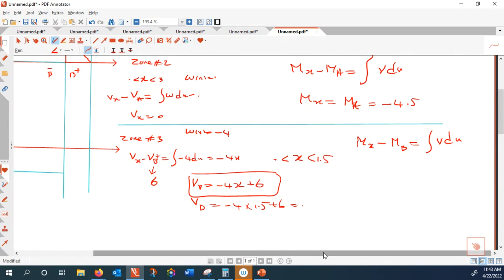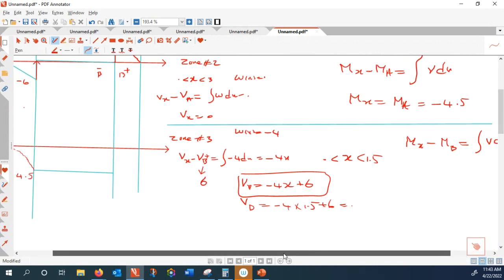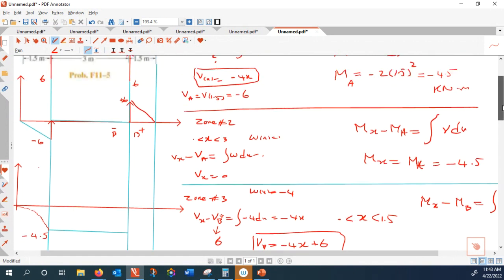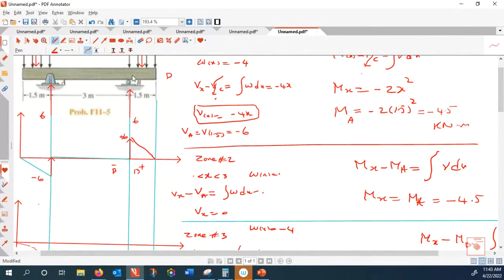So what is M of B? Because there is no discontinuity here, B minus and B plus have the same magnitude of bending moment, because there's no external torque over there, right?